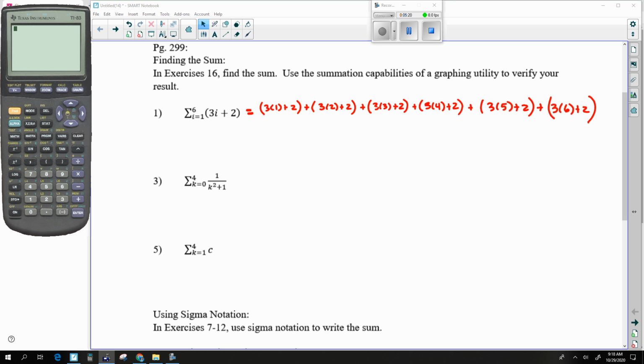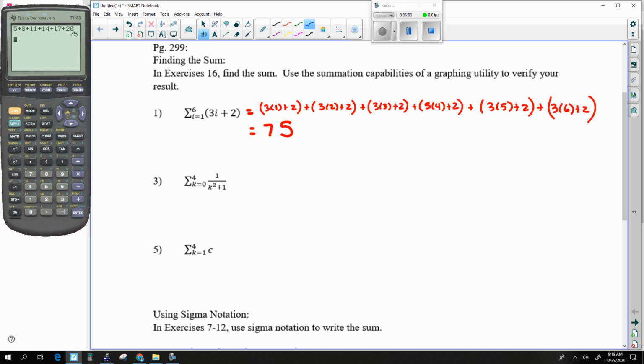So this first number is 5, and then plus 8, plus 11, plus 14, plus 17, plus 20. So this ultimately should come out to be the answer 75, unless I missed one.